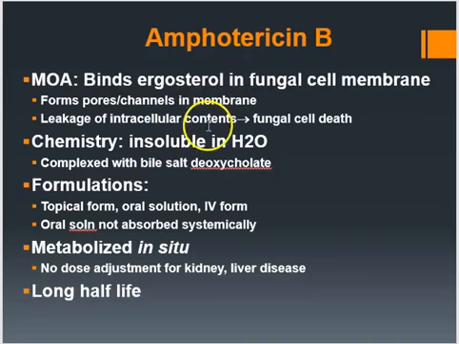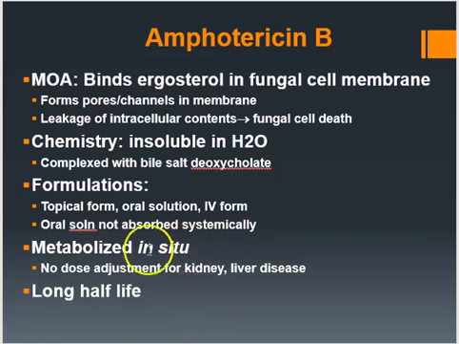Amphotericin B by itself is essentially insoluble, and so you have to complex it with a salt to make it a little bit more soluble. And so along that same notion, amphotericin B can be topically administered, and it can also be systemically absorbed via IV administration.